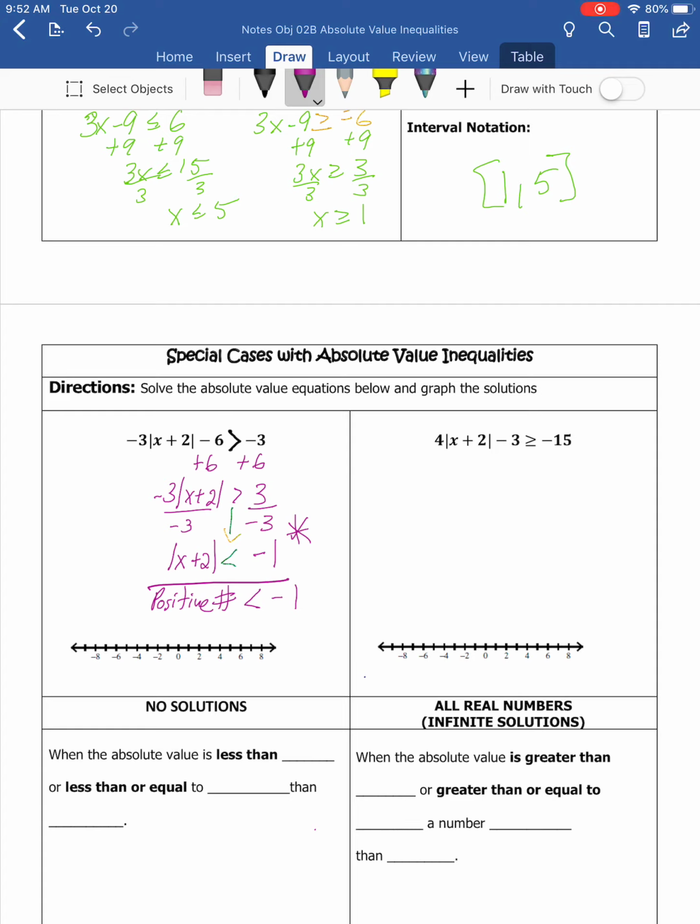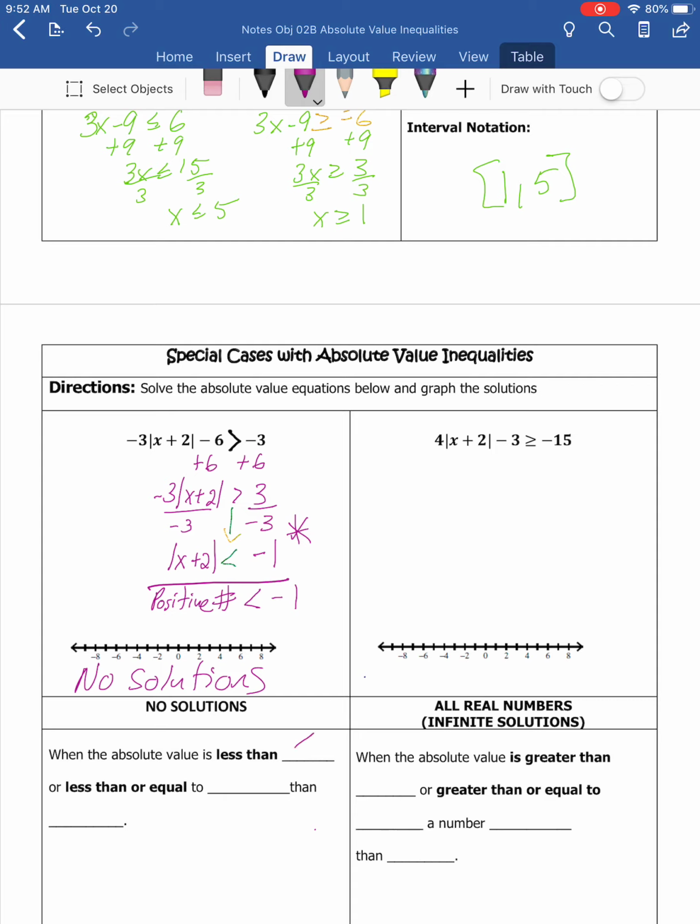No. So for this here, this is going to be no solutions because there's nothing I could put in for x that would actually work. So for this, it would just be no solutions. You wouldn't put anything in the graph.